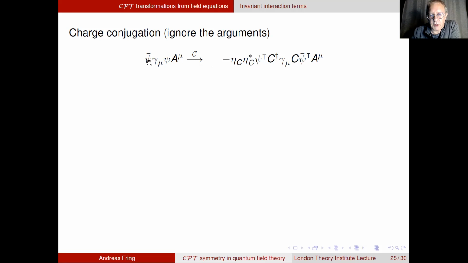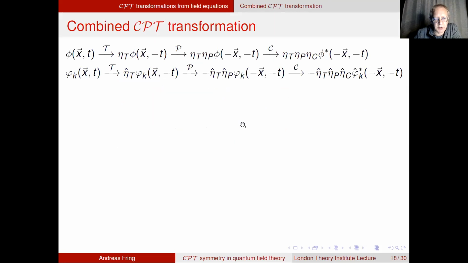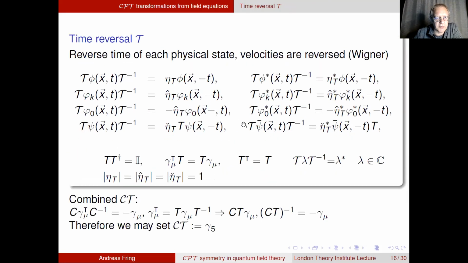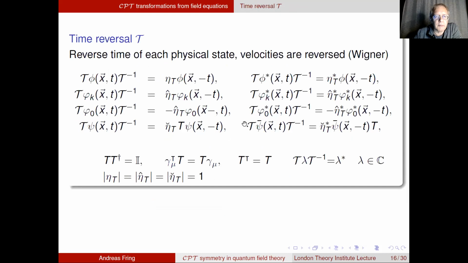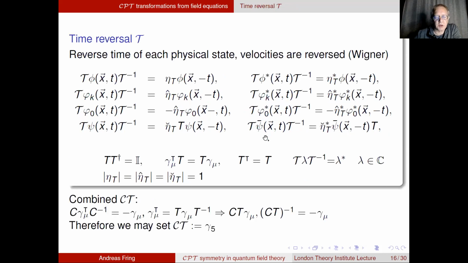And in one of the transformations, we picked up also the minus sign. So all I'm using now is these transformations over here, which we defined here. And you see here when we replace the psi bar, we pick up this minus sign. That's what I was trying to highlight.